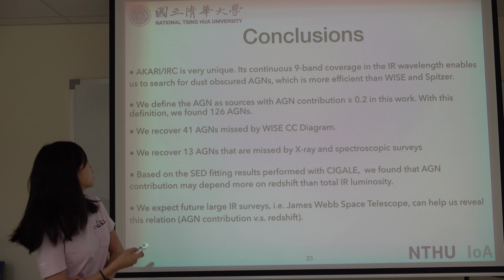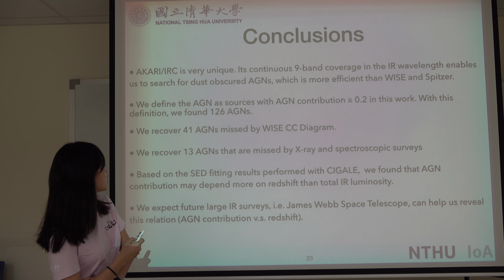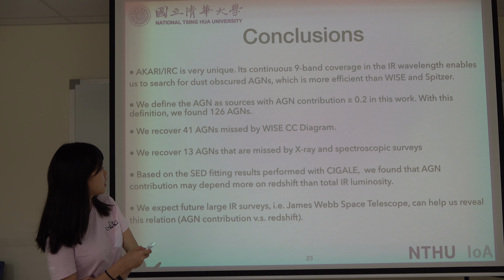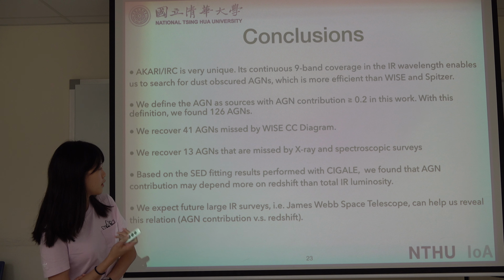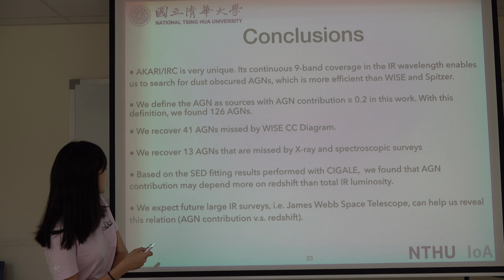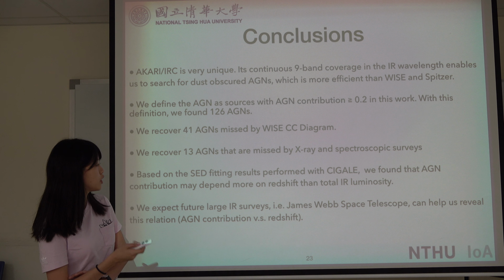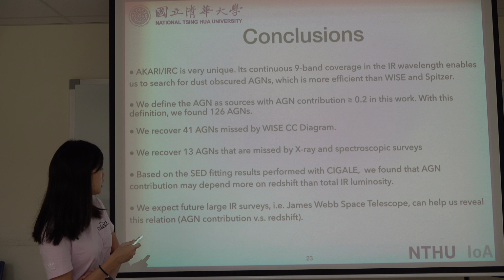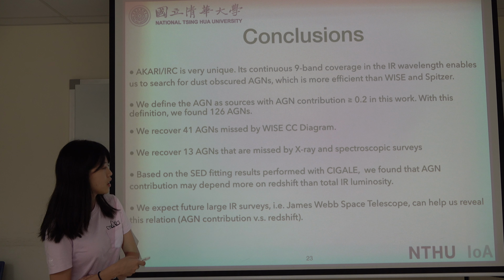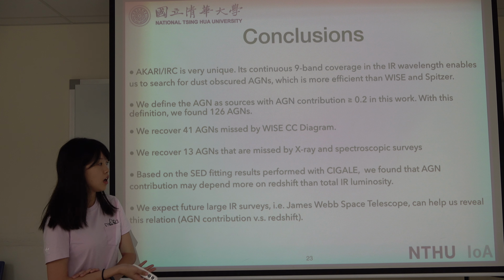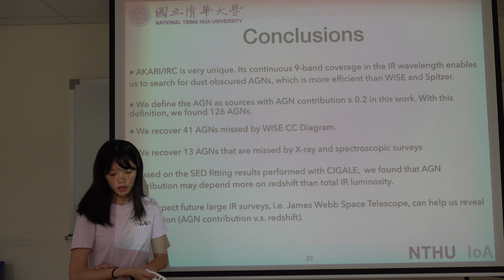With this definition, we found 126 AGNs, and we recovered 41 AGNs missed by the WISE color diagram. Based on this SED fitting result performed with CIGALE, we found that AGN contribution depends more on redshift than total infrared luminosity. And we expect future large infrared surveys such as JWST can help us reveal this relation. So this is my talk.